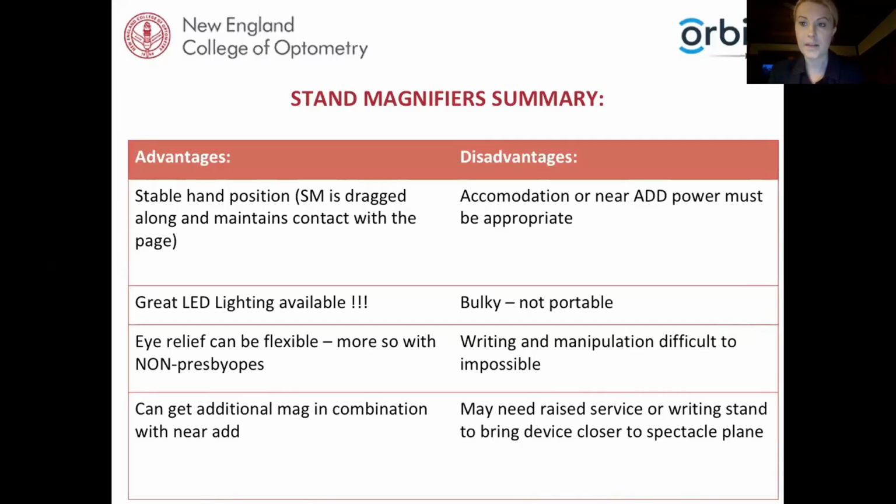The lighting in stand magnifiers, because the housing is nice, tightly controlled, is really fantastic. And for a patient with poor hand control and tremors, it is great. But in terms of portable and spot reading situations, this may not be the way to go because it can be quite bulky. And it can also be terribly difficult for any sort of writing task.